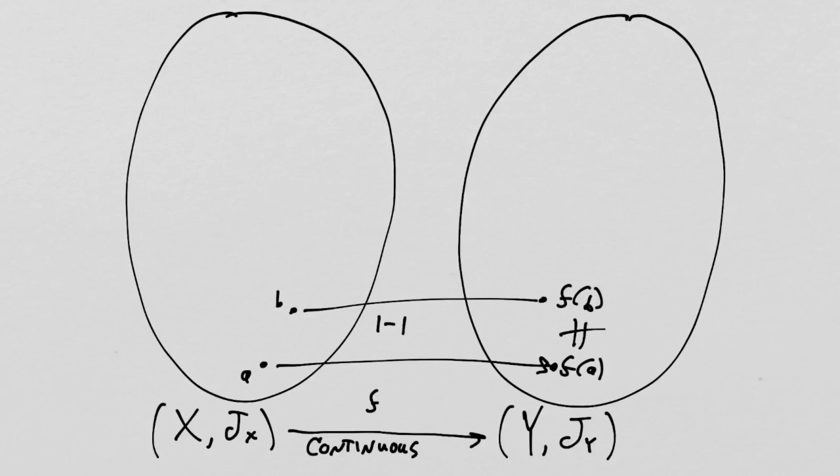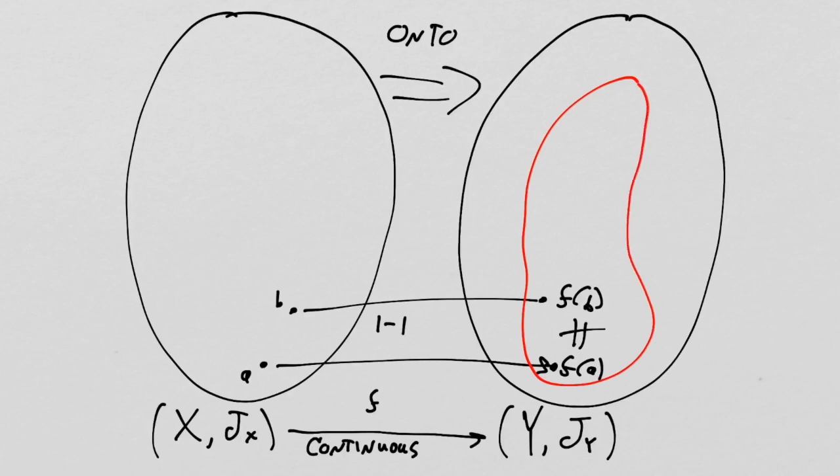And you can also talk about functions that are injective or surjective. Well, you could talk about functions that are onto. Does the set X through this function f map into the entire set Y? You can imagine it being one-to-one, but not onto. So it would be onto if the entire set X maps into the entire set Y. If it instead just mapped into some region of the set Y, it would not be onto.